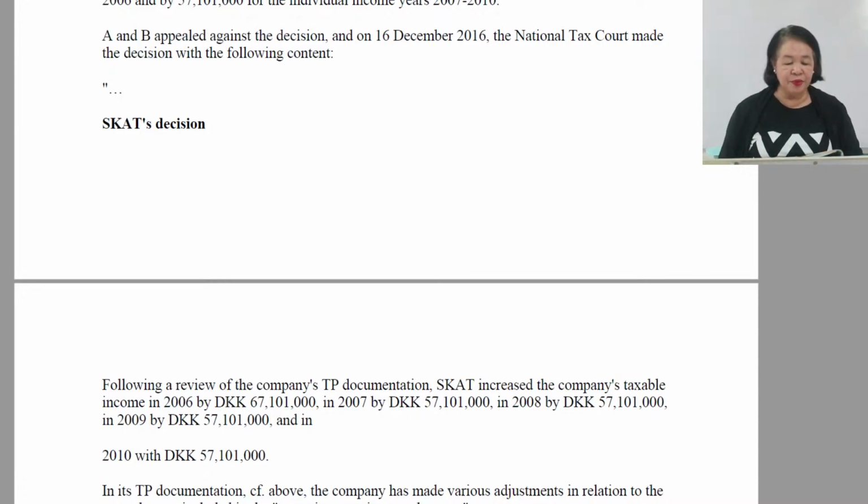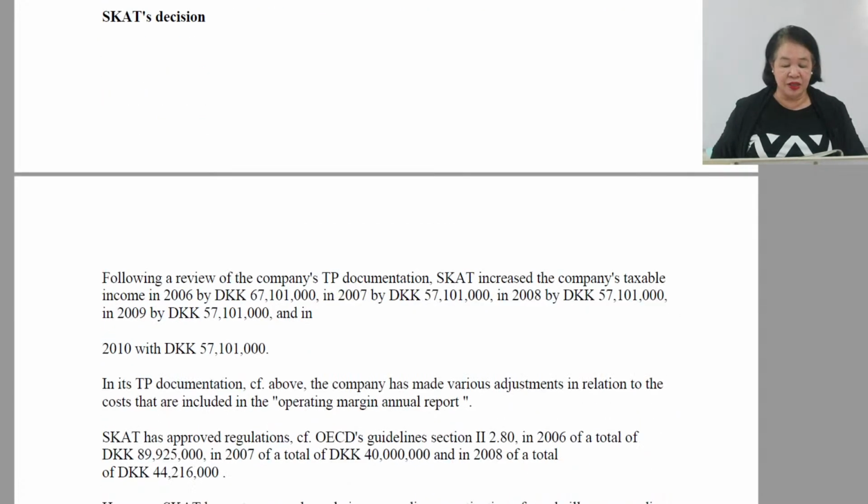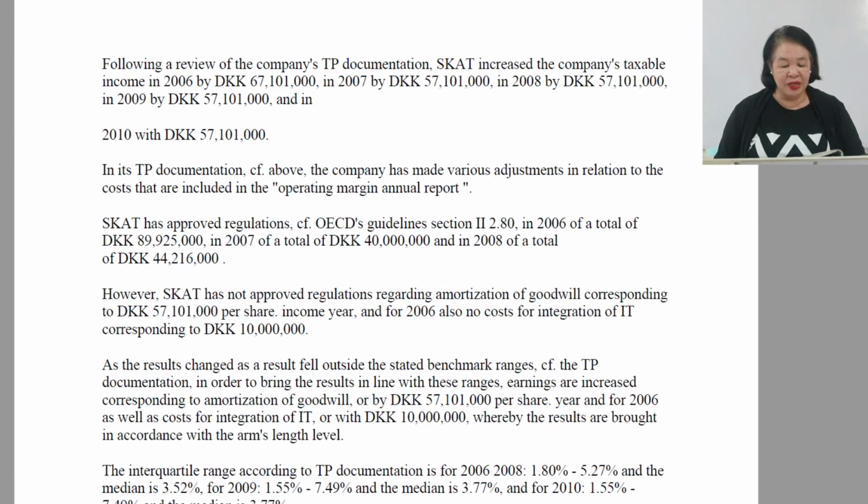So, following a review of the company's transfer pricing documentation, SCAT increased the company's taxable income in 2006 by 67,101,000 Danish krone, in 2007 by Danish krone 57,101,000, in 2008 by Danish krone 57,101,000, in 2009 by Danish krone 57,101,000, no?